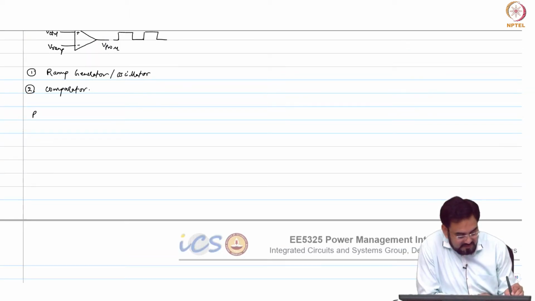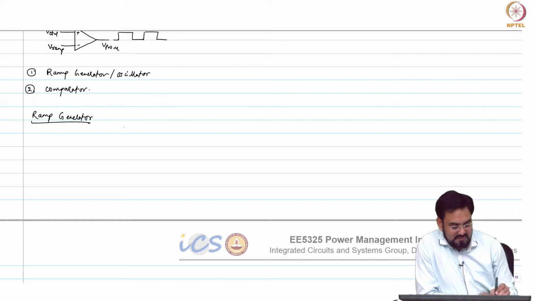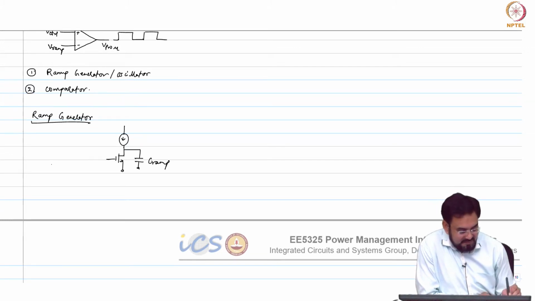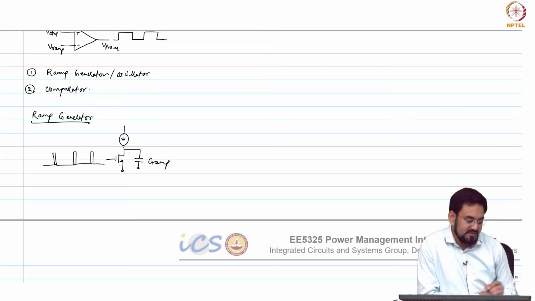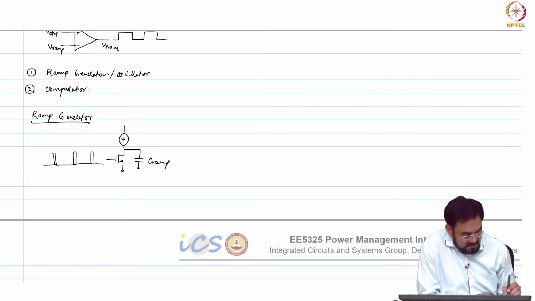So let's see how a RAM generator looks like. One simple way we talk about, you just need this: CRAM, and if you already have the clock, you can generate the reset signal at the positive edge of your clock.